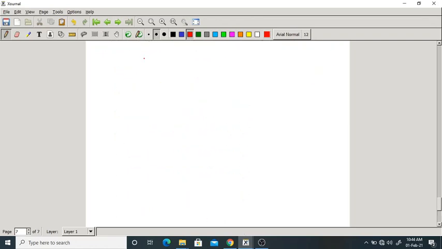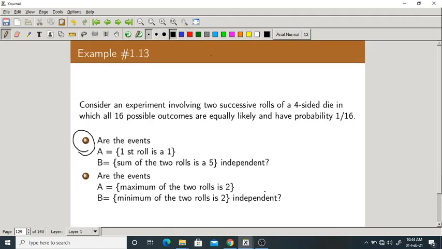Now let us go to part B. What does part B say? The maximum of 2 rolls is 2. The minimum of 2 rolls is 2. Event A is the maximum of 2 rolls is 2, and event B is the minimum of 2 rolls is 2.